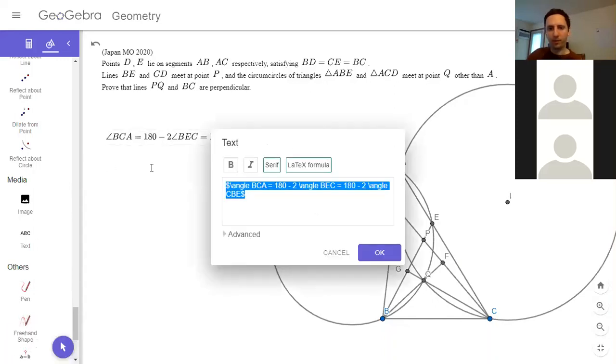So we have angle BQA equals angle BEA, which is equal to 180 minus angle BEC, which is equal to 180 minus half of 180 minus angle ECB.